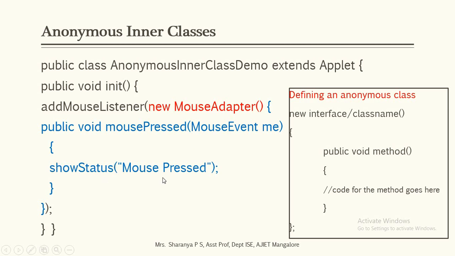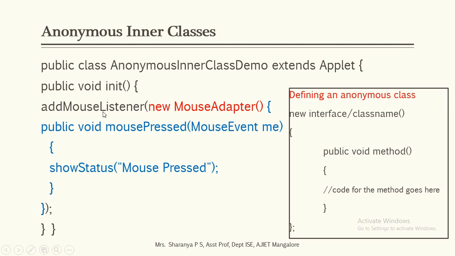This is the event that it needs to display. And from here to here, the whole anonymous inner class ends with a semicolon. That is, we have not given any special name to that.